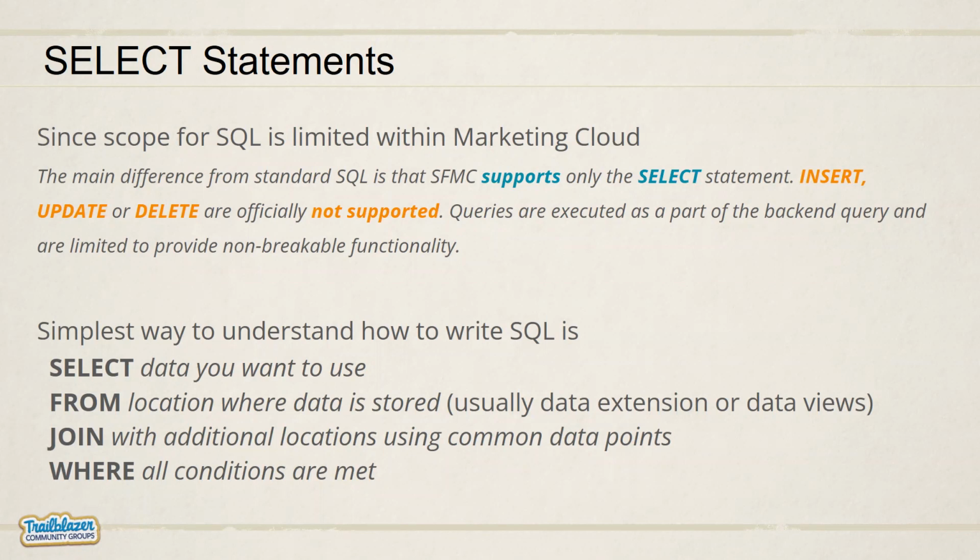Marketing Cloud only supports select statements. Now, the simplest way to understand how to write SQL, as I saw there are a few beginners in the group as well, is to select the data which you want to use. Usually in general SQL, you can just write select star, which selects literally everything from whatever tables you join or retrieve, and then you can pick and choose what fields you want to use.